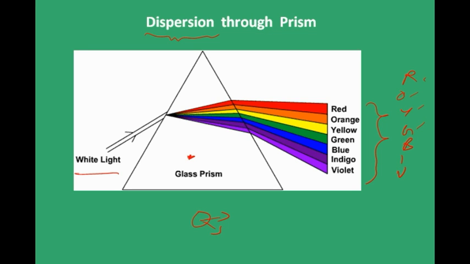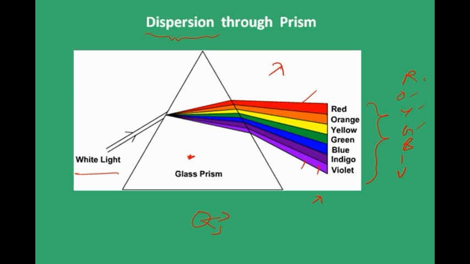I can say that red bends the least because red has the maximum wavelength, and violet bends the most because violet has a very small wavelength compared to the others. So this is how dispersion happens, and hence red travels faster compared to other colors and violet travels slower compared to the other colors.